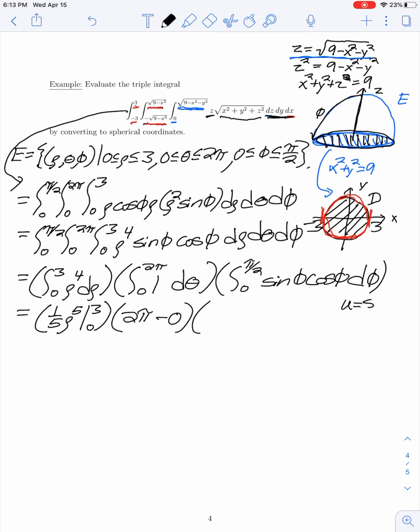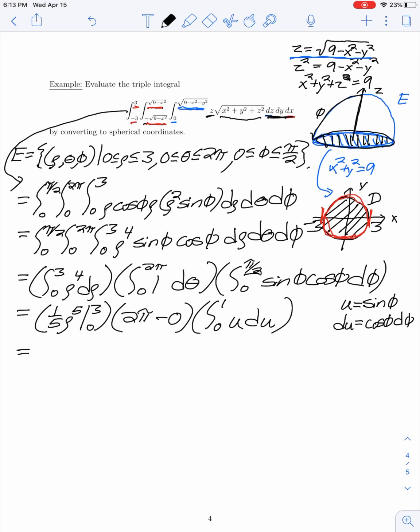So we would let u equal to sine of phi, so that du is cosine phi d phi. So changing our limits of integration, when phi is equal to 0, u is sine of 0, which is still 0. And when phi is pi over 2, u is sine of pi over 2, which is 1. And our integrand is now given by u du.